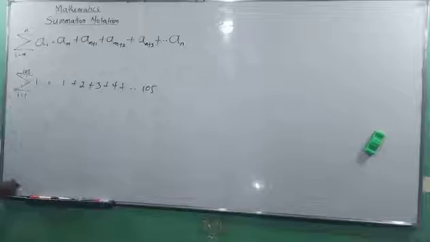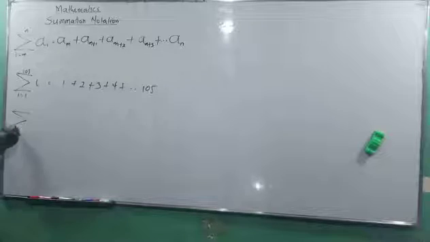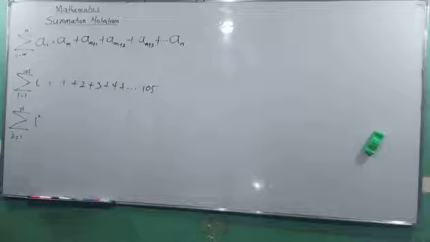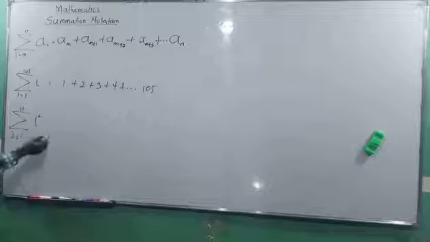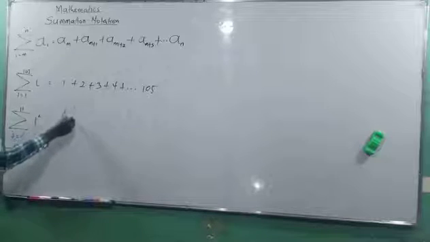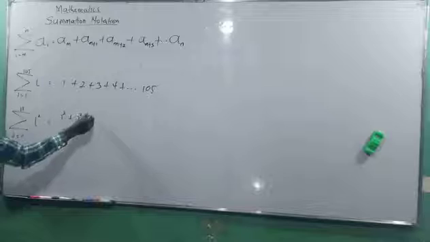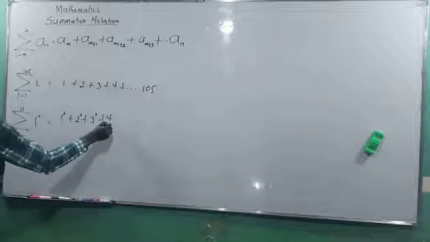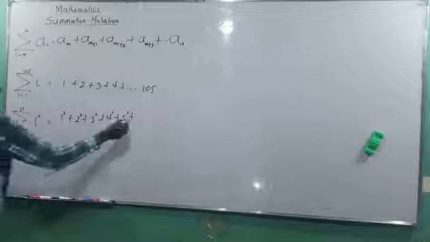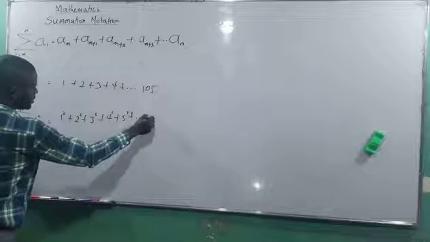Another thing that can come up, you can be asked to do something like this: i from 1 to 11, and the i is squared. This is equal to 1 squared plus 2 squared plus 3 squared plus 4 squared plus 5 squared, up to 11 squared.